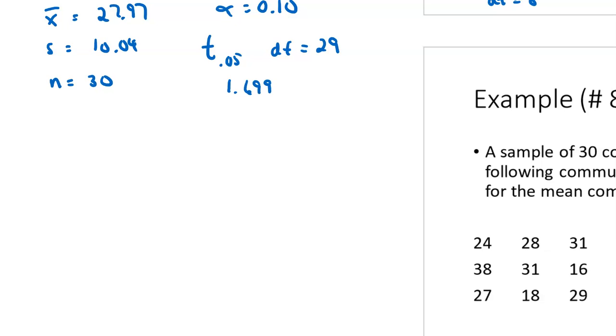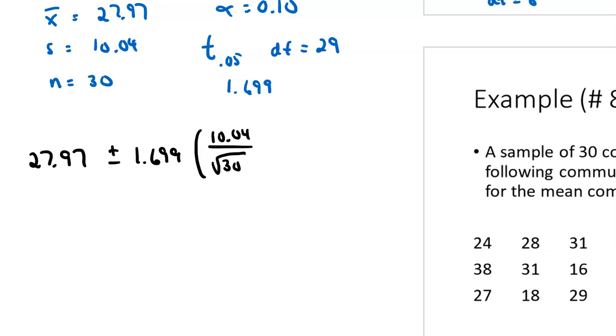Right, what does the procedure tell me to do? It says to take the mean, which is 27.97, plus or minus that t alpha over 2 value, so 1.699, times the sample standard deviation over the square root of n. And then the rest is just calculations.